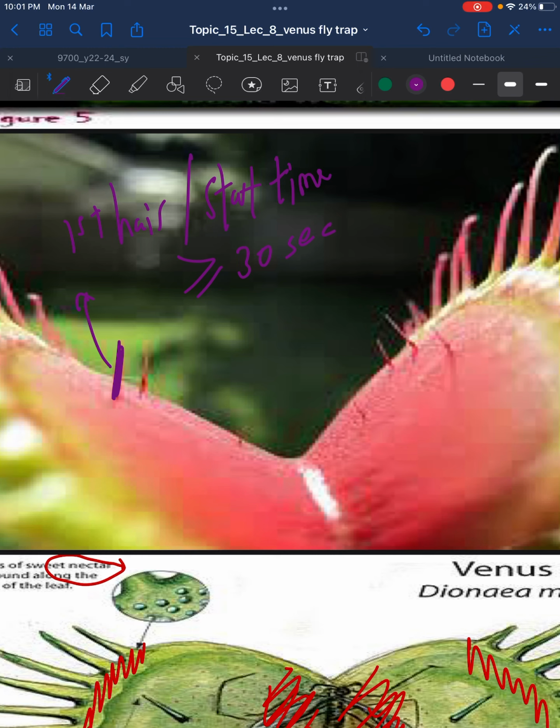So let's say this is the first hair which gets deflected, and let's say the second hair gets deflected at 40 seconds. Then the time is reset, meaning this is now 0.